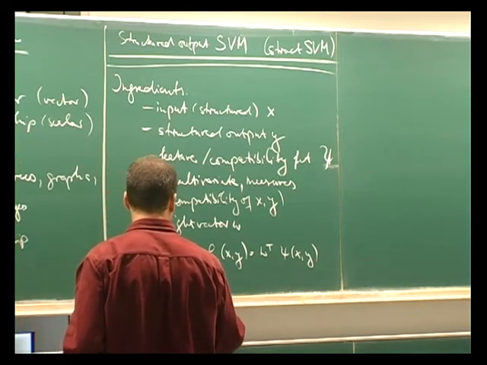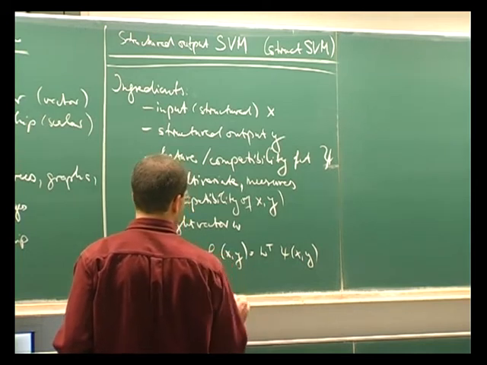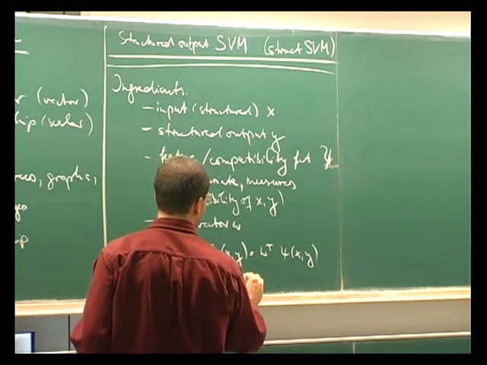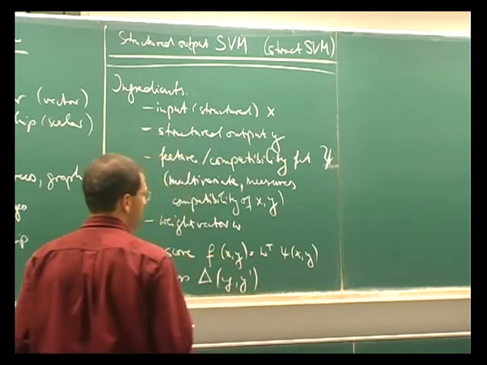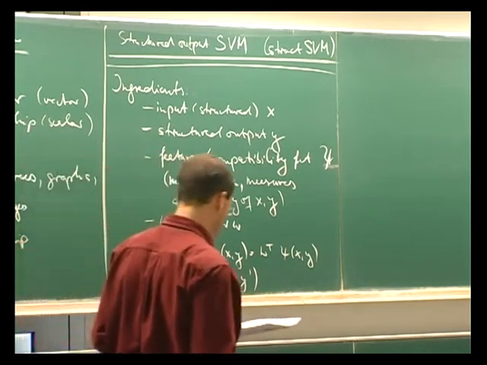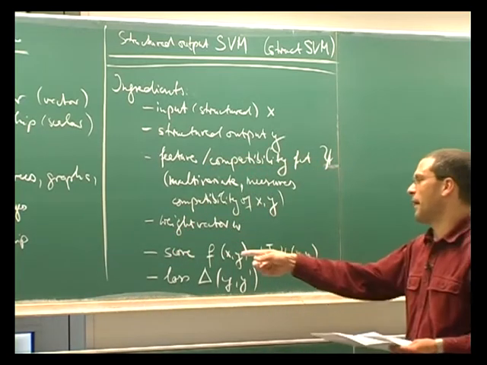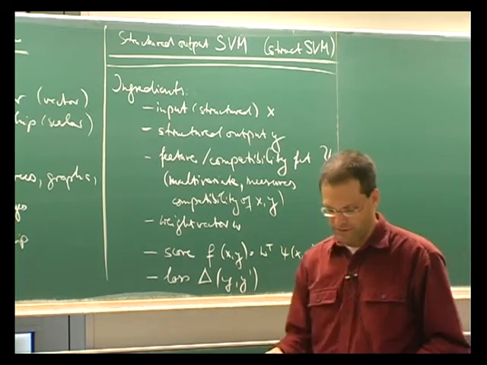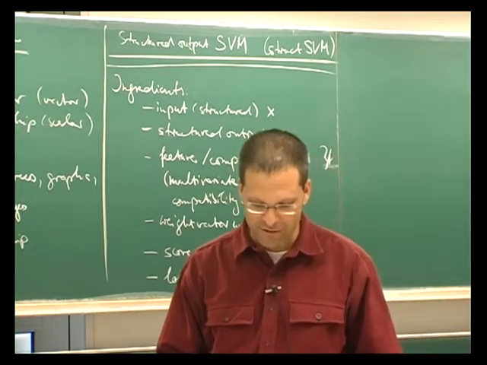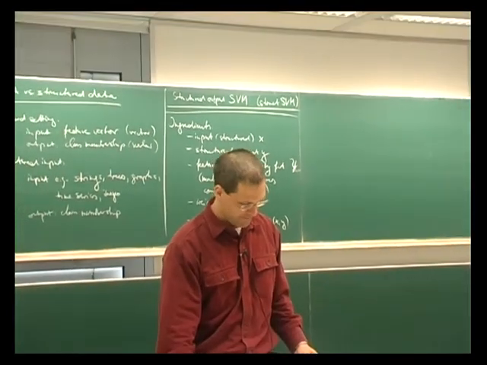We also need a loss function that tells me how similar an output y prime is to the desired or to the true output. And finally, we need a scheme to efficiently maximize this function. And the stress is on efficiently maximize, so that is not so easy to come by.